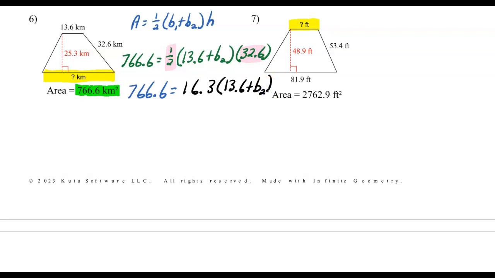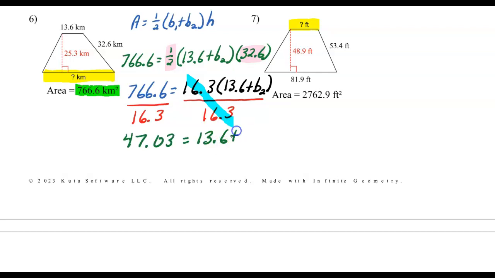Now at this point, there's a couple ways of solving it. I personally like to divide both sides by 16.3. Doing that, you'll see that the 16.3's cancel out, so 766.6 divided by 16.3. Doing that on my calculator, I get 47.03 is equal to 13.6 plus B2.